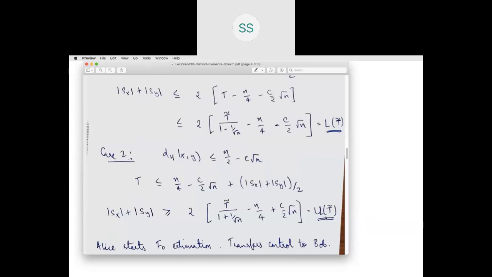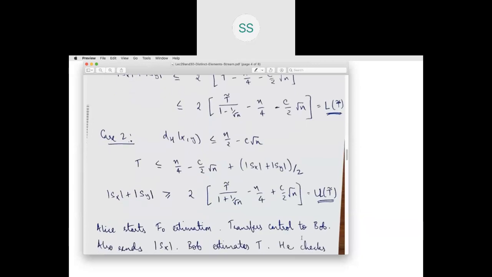Okay. So now, just to recall this situation, Alice starts the estimation of f0 and Alice transfers the control to Bob. So she also sends the state of the algorithm. Suppose the state of the algorithm was sublinear. She sends that sublinear piece of information. She also sends the size of sx, which is also sublinear, right?